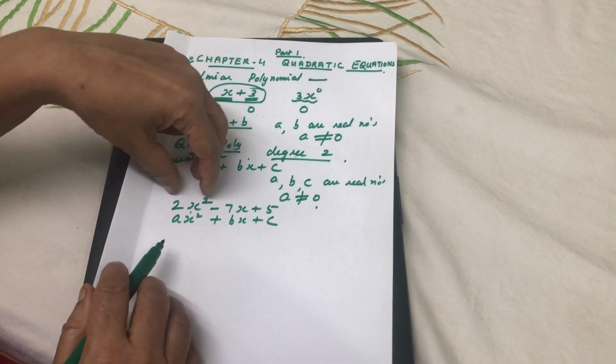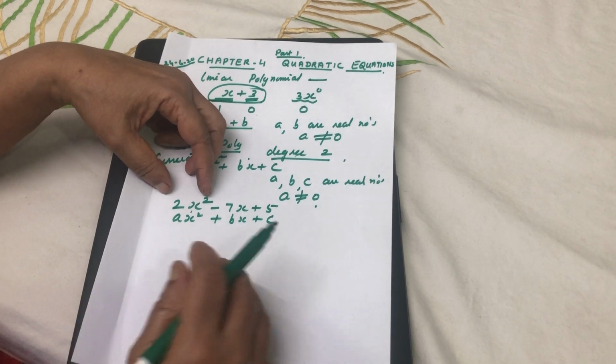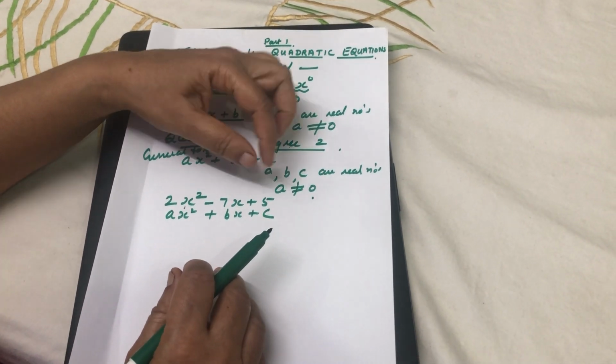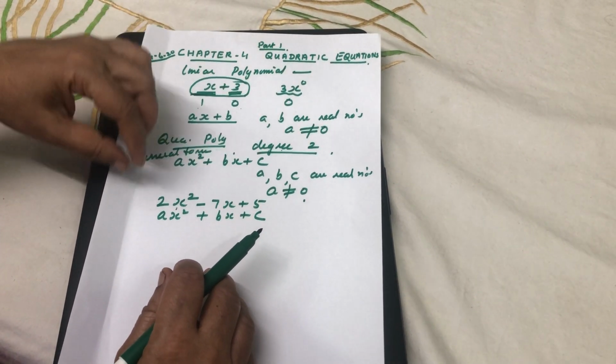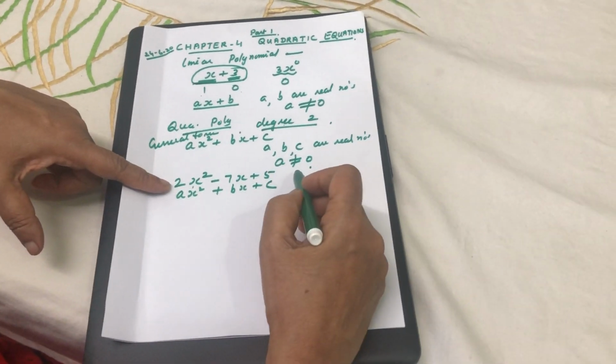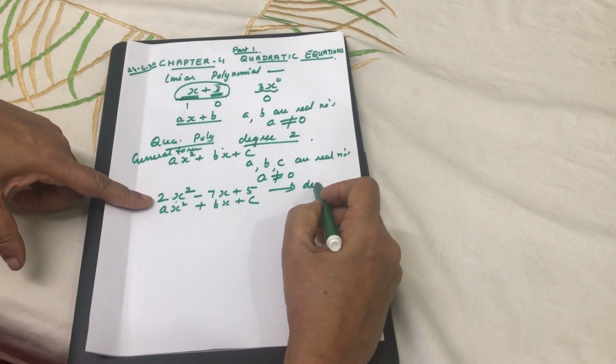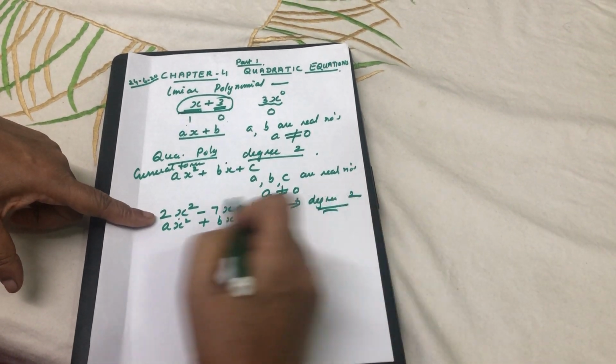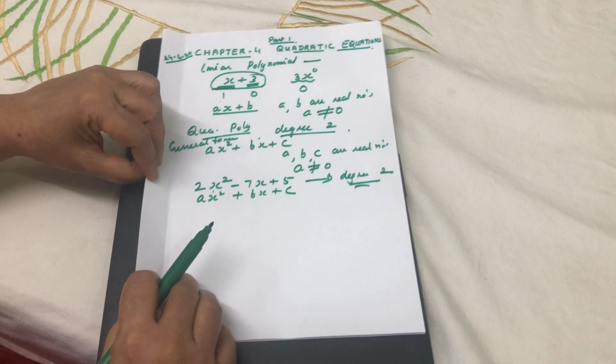The first term 2x squared has degree 2, the second term has degree 1, the third term has degree 0. The highest degree is 2, therefore the degree of this polynomial is 2, so it is a quadratic polynomial.